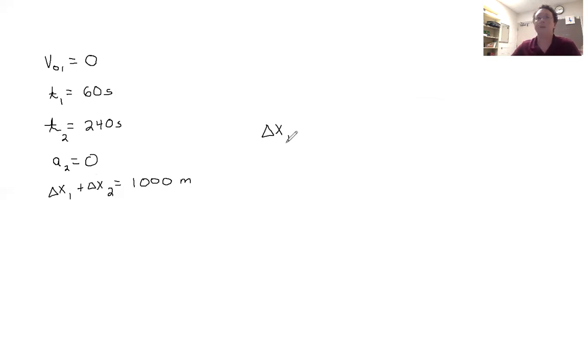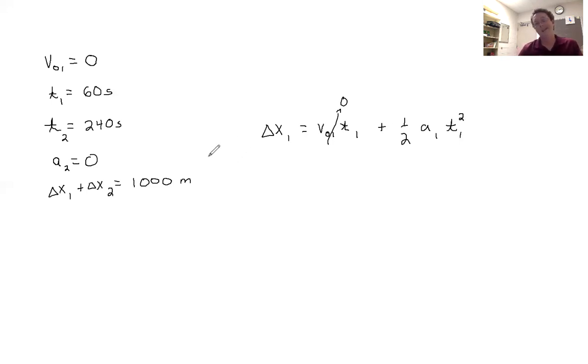I'm going to use kinematic equation 2 because I know the time for part one, so I better use the equation that involves time: delta x1 equals the initial velocity for part one times the time for part one, that's just 0, plus 1/2 the acceleration for part one times the time for part one squared.